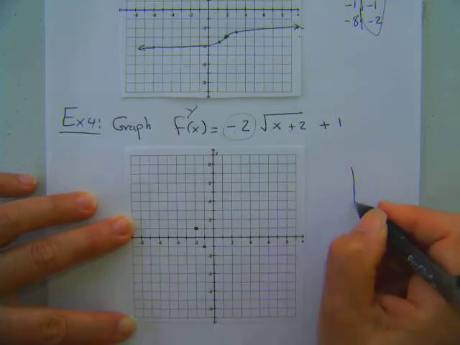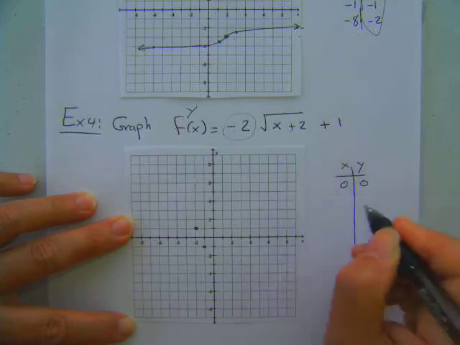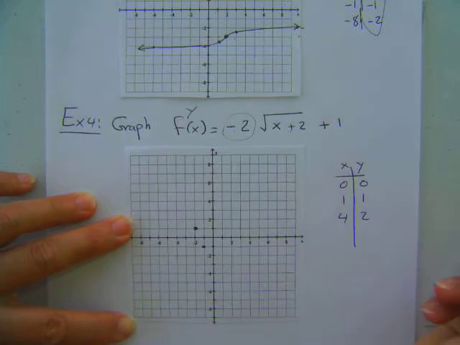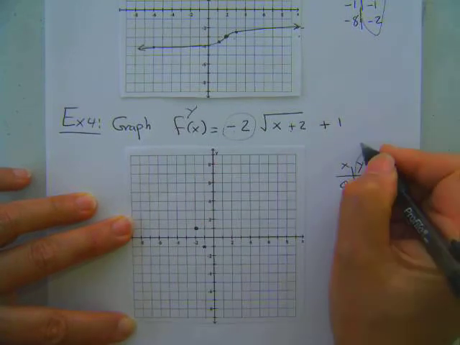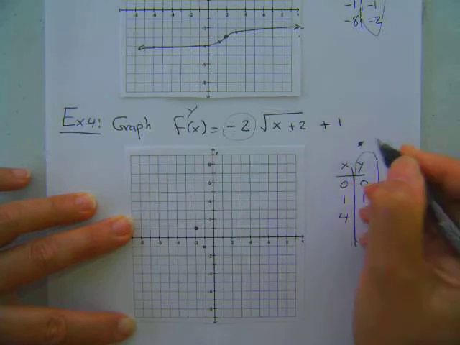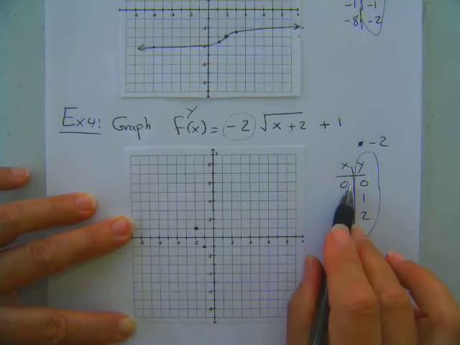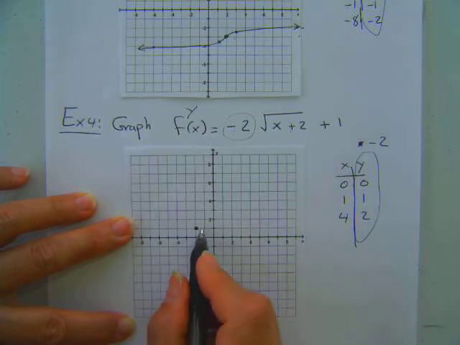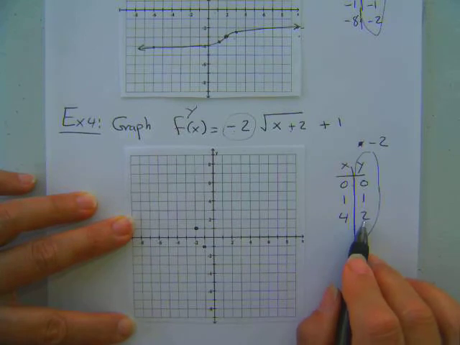Let me make a table maybe just for you to see it. These are the points for the square root. Each y is multiplied by negative 2. So 0, 0. But instead of 1, 1, 1 and negative 2. Instead of 4 and 2, it's going to be 4 and negative 4.